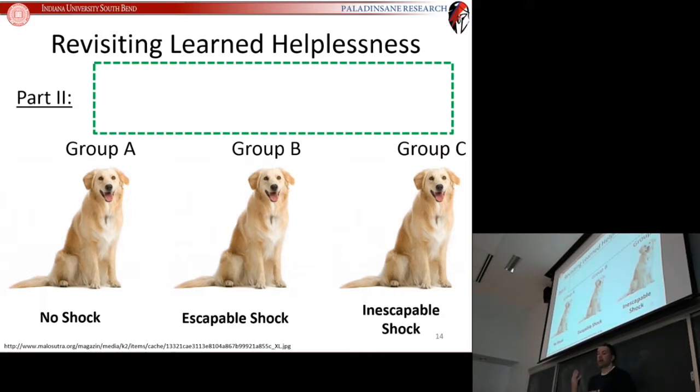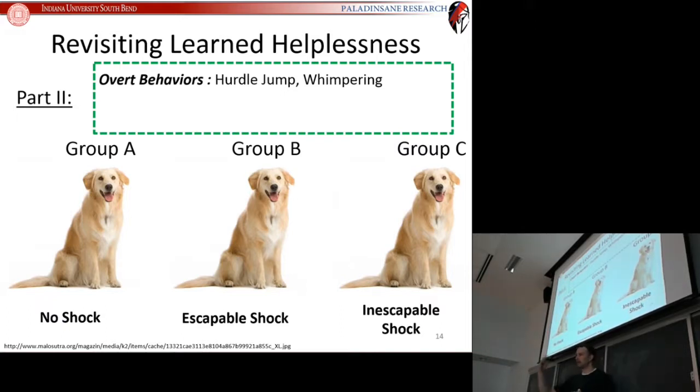So stuff like lying down might be an overt behavior that you could see. Definitely whimpering. Seligman also mentioned they had depressive-like symptoms, so they started to move slower. There was a decrease in their energy output. So that would all be overt behaviors.